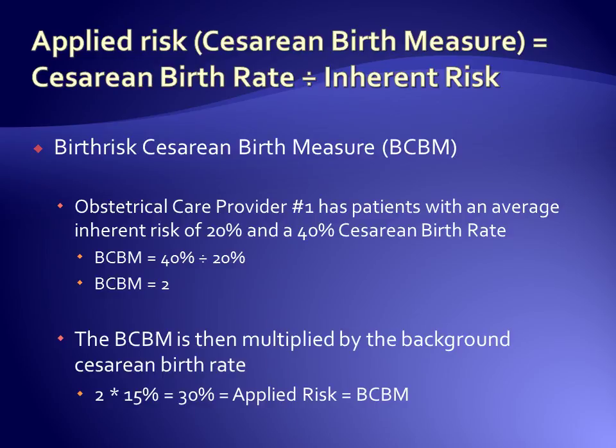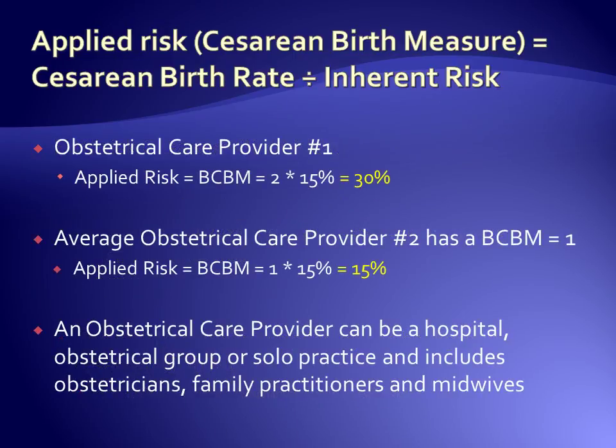In order to account for changing practice patterns and to create a more meaningful number, the initial Birthrisk Cesarean Birth Measure is then multiplied by the background cesarean birth rate for the time period in which the births occurred. If the background cesarean birth rate was 15%, then the final Birthrisk Cesarean Birth Measure for this provider is 30%. If we compare obstetrical care provider number 1 to the average provider, we find that they are twice as likely to perform a cesarean birth.